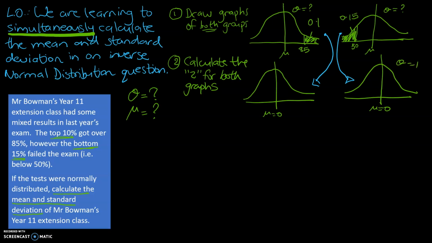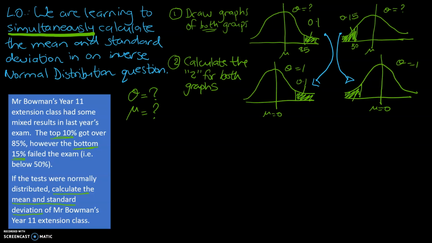And the standard deviations, they're both going to be equal to 1. We're then going to use the inverse normal function calculator to find the respective z values. So the next bit of information we can put in is the area that we know about. So that one was 0.1 and that one there was 0.15.